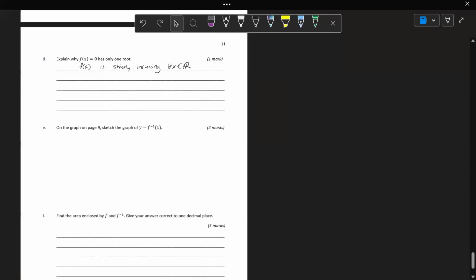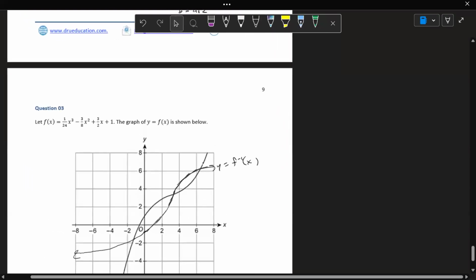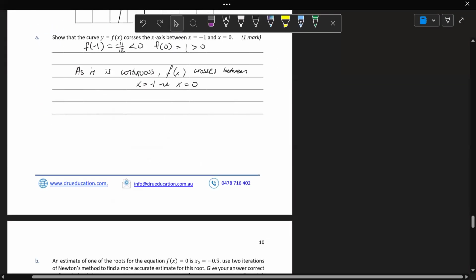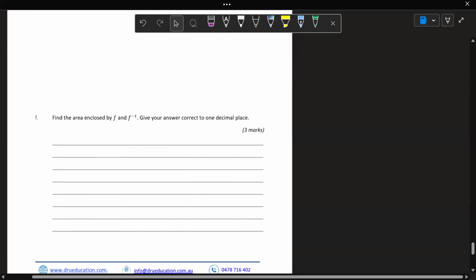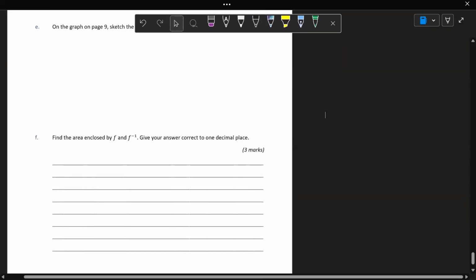So now we're told to find the area enclosed by f and f inverse x. A quick way we can do that, because you're finding areas between inverses, is to first find the points.